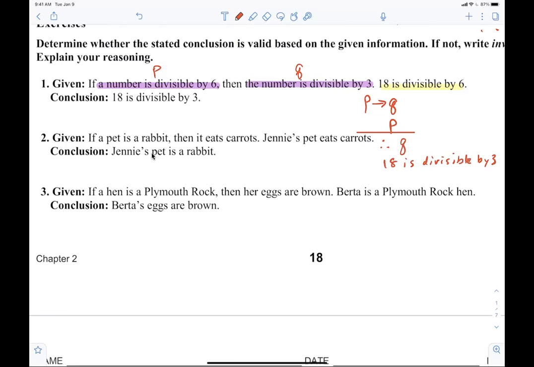Listen, you have to accept the conditional statement is true. Can you tell me if a number is divisible by 6, then it's divisible by 3? You sure? That's true, right? To me, I like this because I think I can understand that. Every number that is divisible by 6 is also divisible by 3.